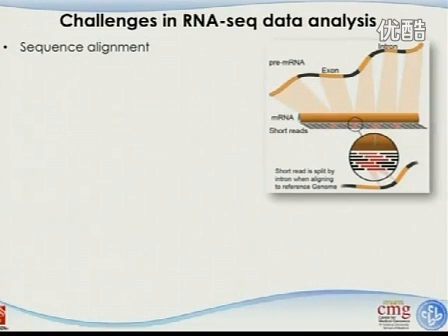For RNA sequencing, the biology is interesting and straightforward, but the analysis part is not. There are a couple of challenges in RNA sequencing data analysis. The first one is sequence alignment. We spent almost an hour and a half talking about alignment in lecture 2, but none of it was RNA sequencing alignment. So what's unique about RNA sequencing? Let's say this is a DNA, these are the exon regions, and there are a lot of intronic regions, okay?